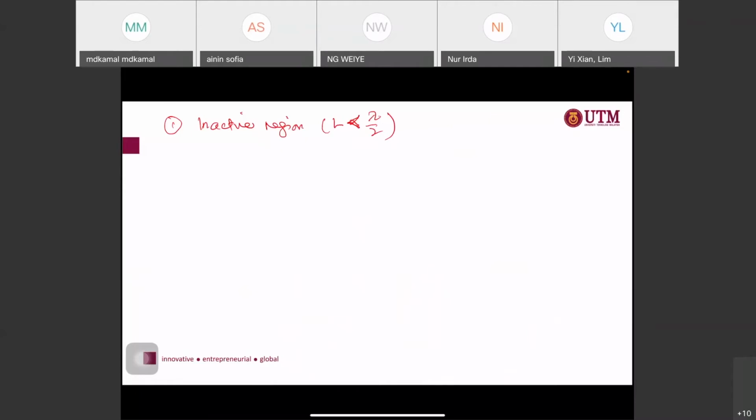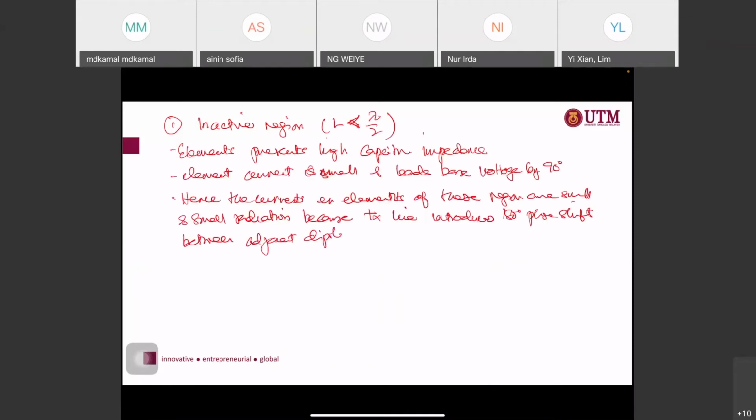So when L is less than lambda over 2, this is called the inactive region. The elements present high capacitive impedance because L is less than half wavelength, and then the element current is small. So this is what we call the inactive region.